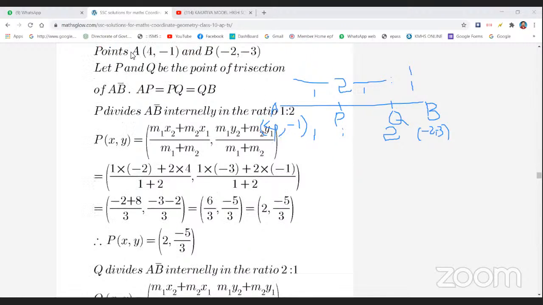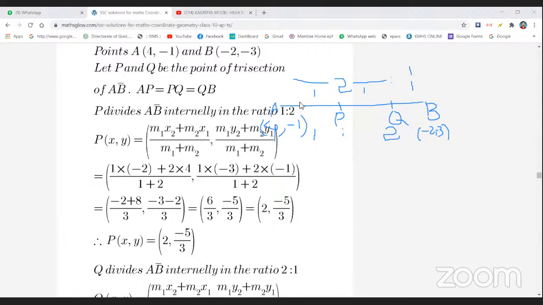Let P and Q be the points of trisection of the AB line segment. So AP is equal to PQ is equal to QB. If you consider AP as 1, then PQ will be 1, QB also 1. So P divides AB internally in the ratio 1:2. To find that P trisection point, first we need to take the 1:2 ratio.